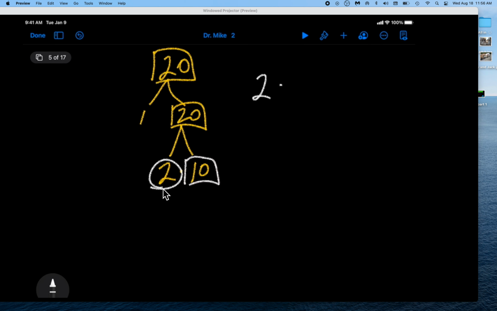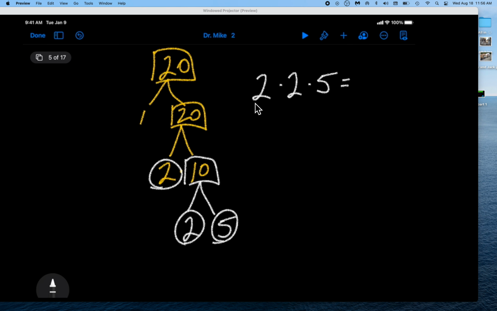Let's put that in the box. 2 times 5 is 10. Are these prime numbers? Let me circle them. Answer is yes. So they go in the answer. We check our work. 2 times 2 is 4, times 5 is 20. And if we want, we can combine these. 2 multiplied by itself twice times 5. Either of these are acceptable.